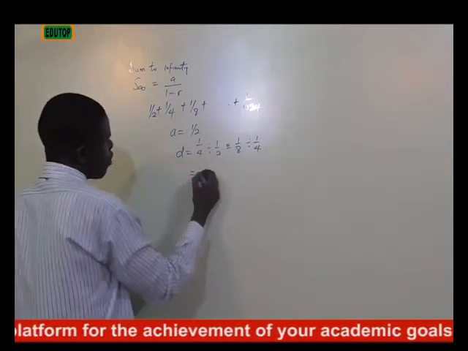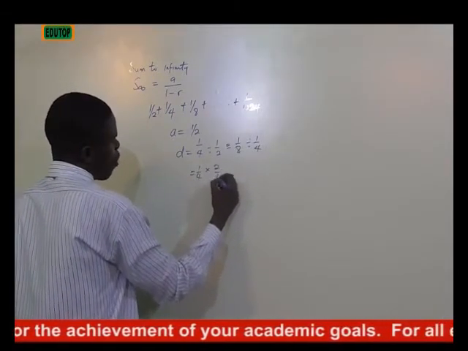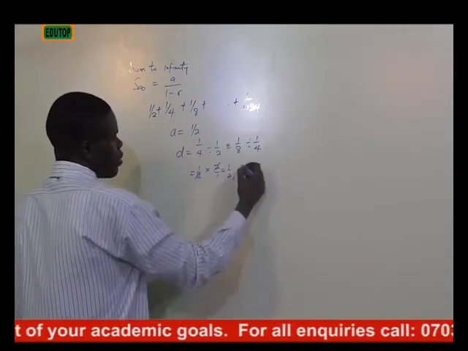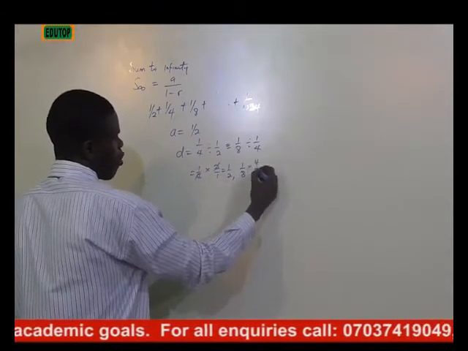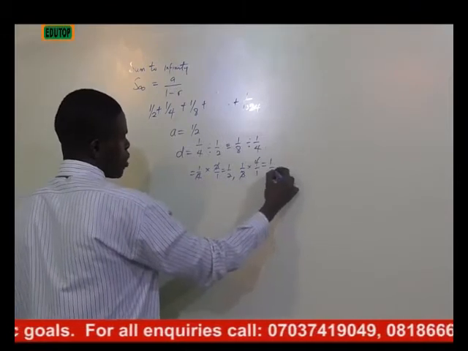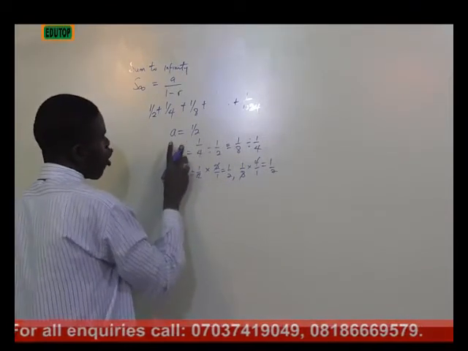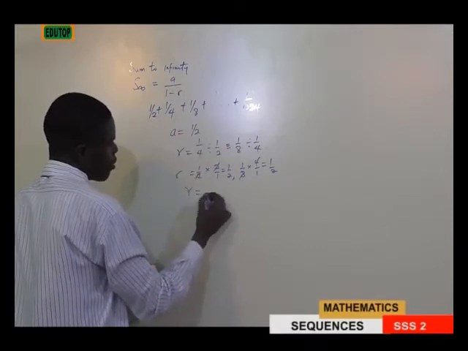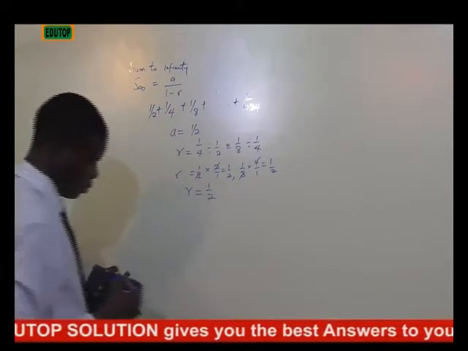So if you do this, 1 over 4 times 2 over 1, then we have 1 over 2. Then 1 over 8 times 4 over 1, we also have 1 over 2. Automatically, our common ratio R is 1 over 2.